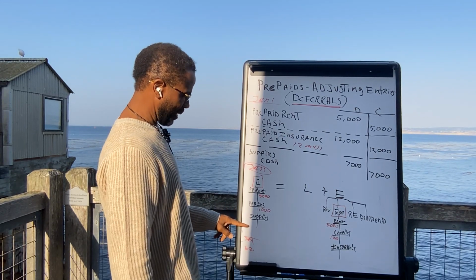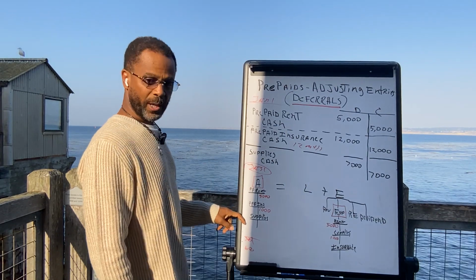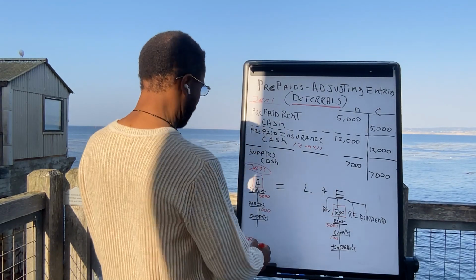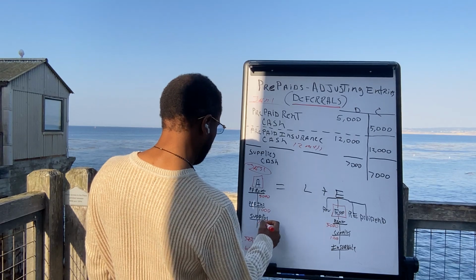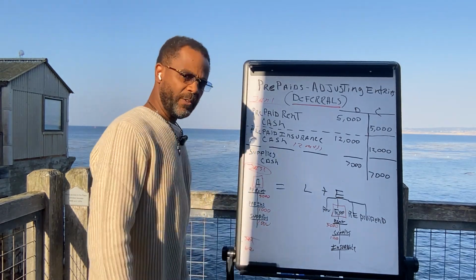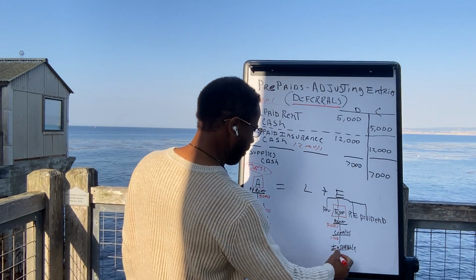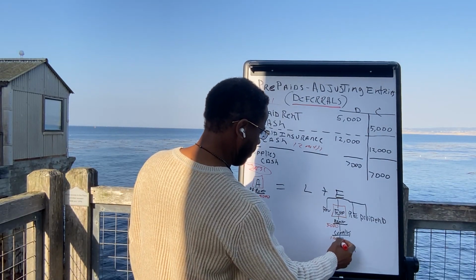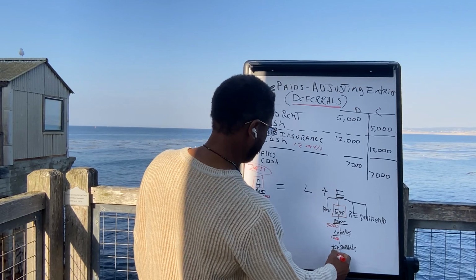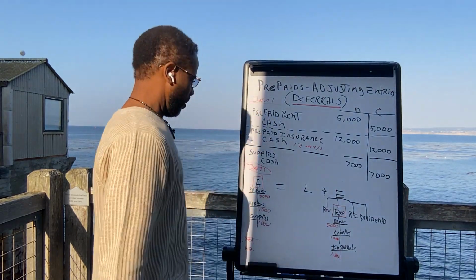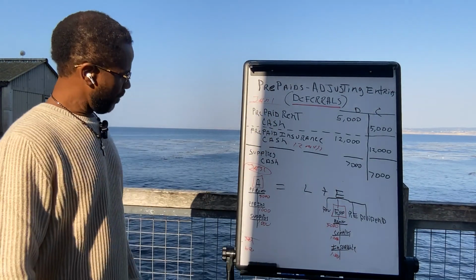You have to reduce it. As I said, an asset, you have to reduce it with a credit. So you would credit the asset account $1,000. Now you have to expense it to the P&L. Debit supplies expense, $1,000. We're still in balance. See?